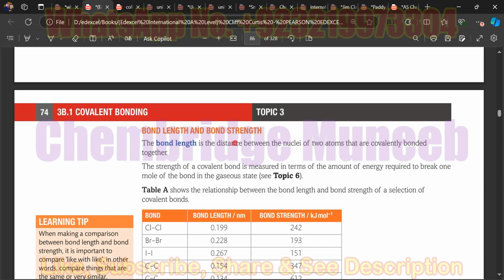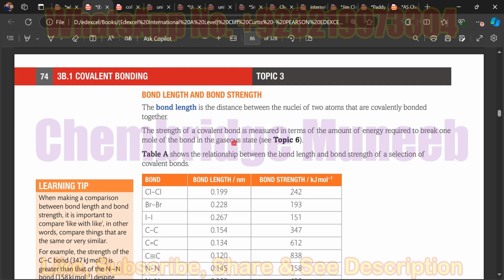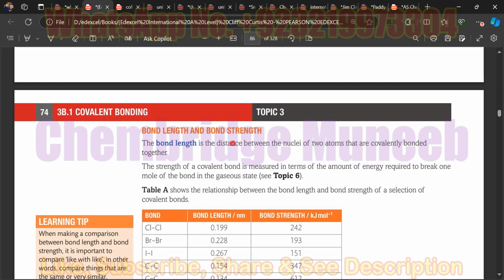Now the bond length and the bond strength. Do you have any idea of this topic? Okay.